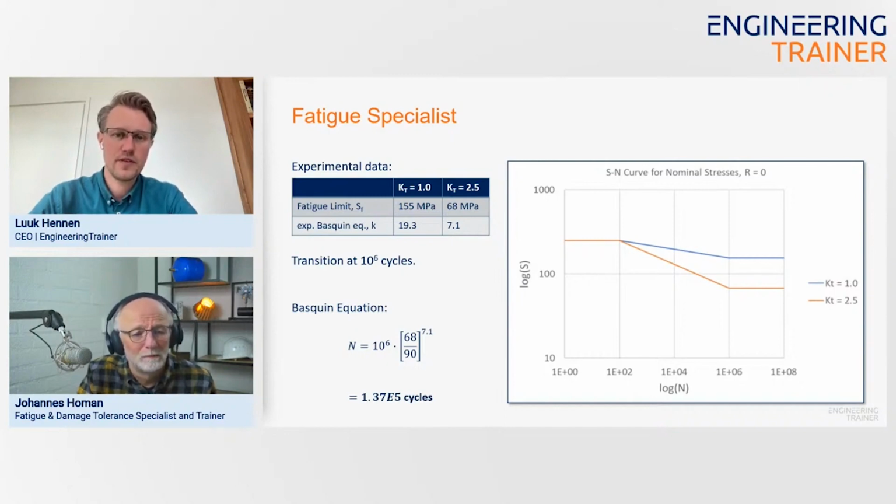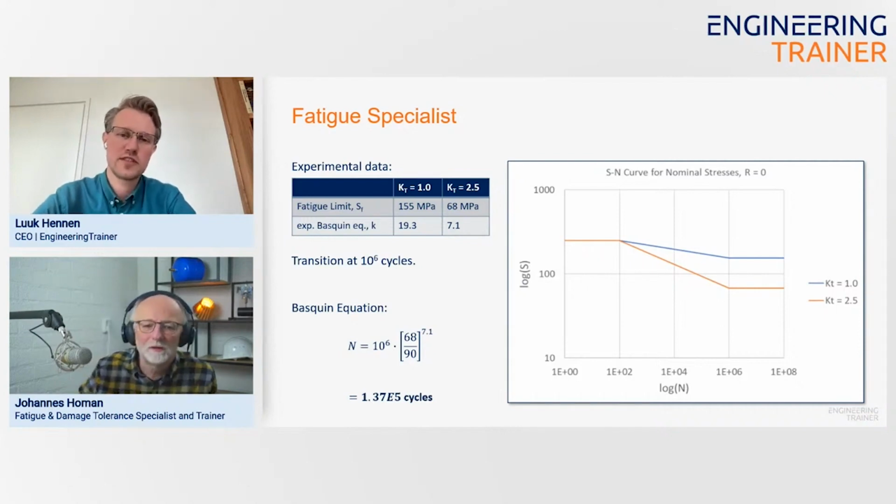Yeah, that's in a nutshell what you're doing. And of course, provided that you have the SN curve available for the KT 2.5, but even if you don't have it, you might be able to establish it or find it from some data. But in a nutshell, you just read the life from the SN curve. All right, perfect.